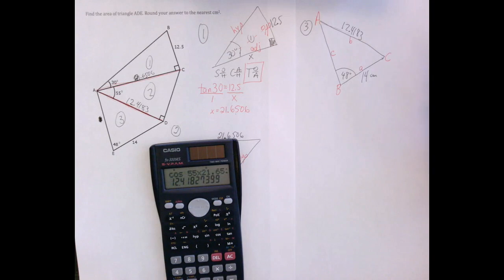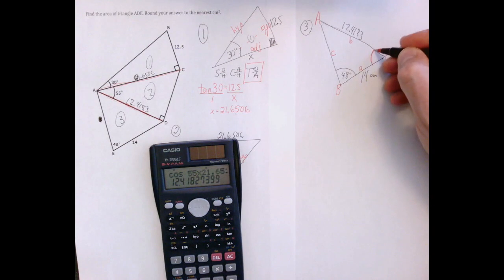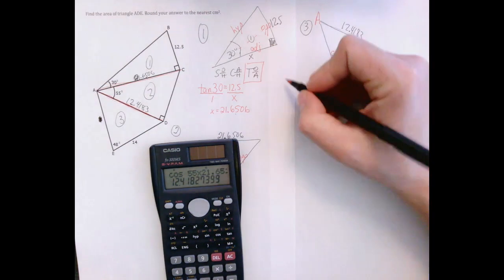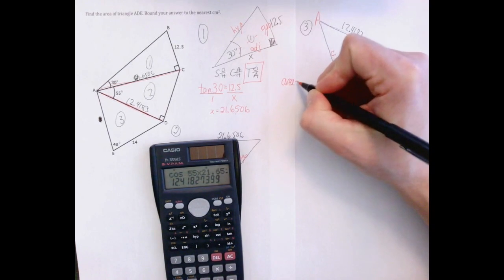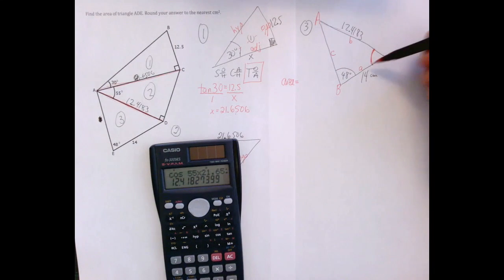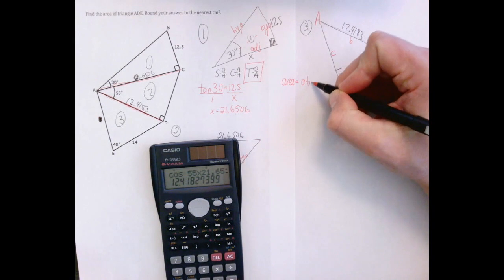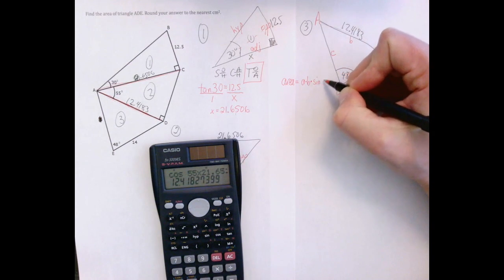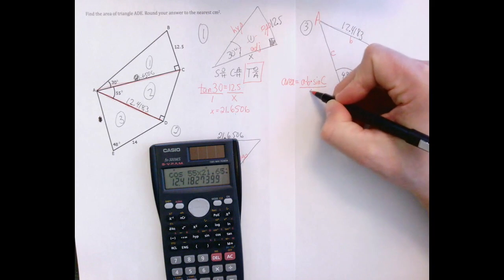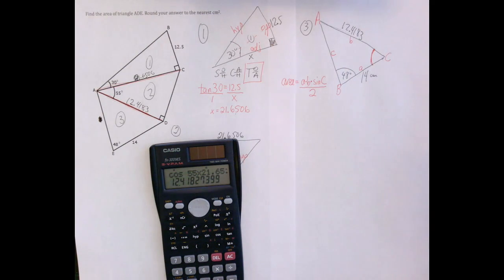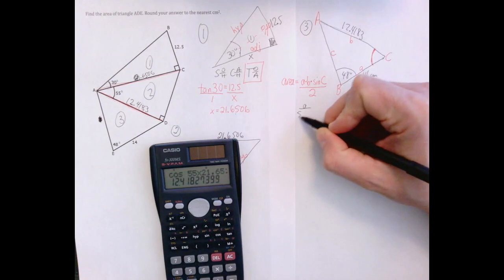Now what I really need to know here eventually is angle C, because I remember that the area of a triangle can be calculated as any two sides, here it would be sides a and b, multiplied together times the sine of that angle between them, all divided by 2. But first I'm going to have to do some sine law to find those missing measurements.